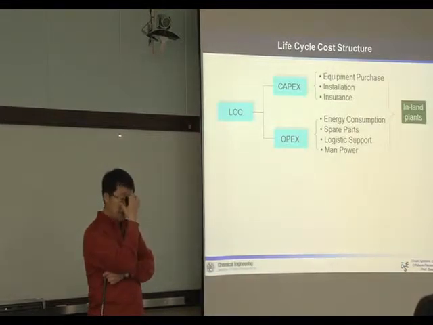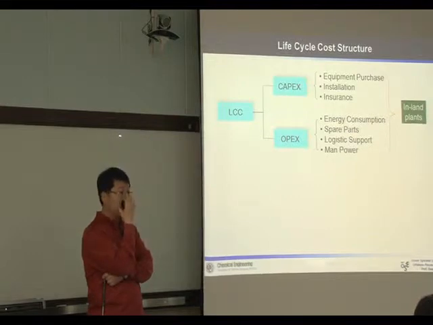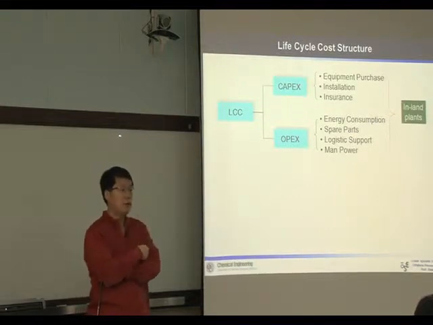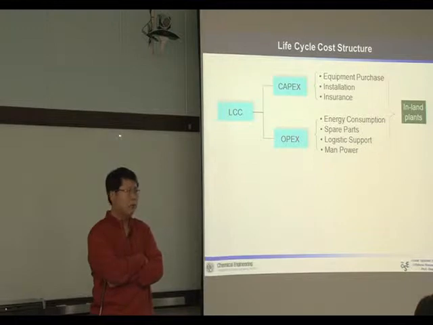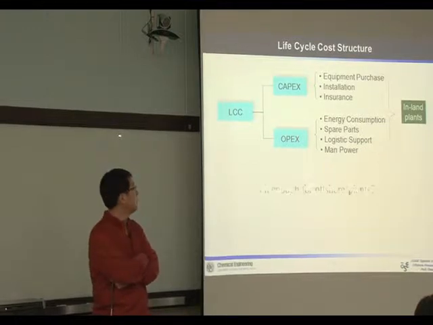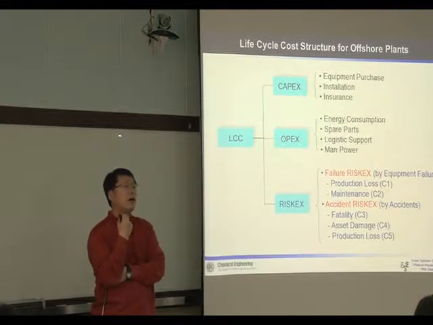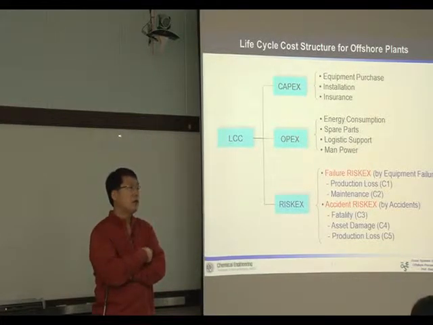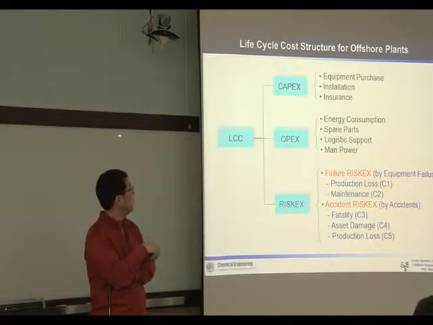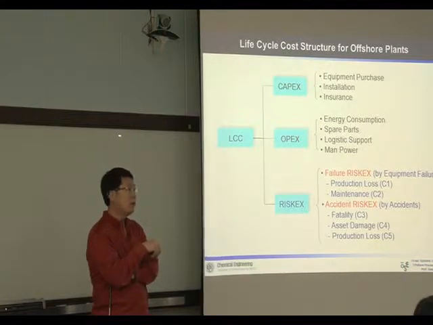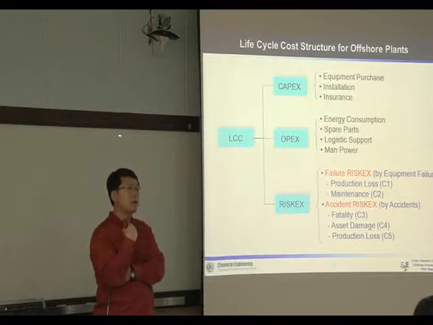So this kind of cost structure is not enough for the offshore plant. What I mean is, we need to consider other aspects of the offshore plant. One is failure. Second is accident-related cost.